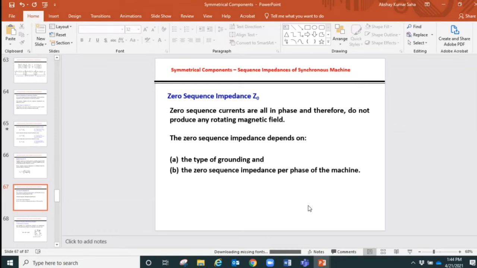But we also need to consider that the impedances appearing from the connecting wire or the transformer can be classified as low impedance or high impedance ground, meaning the impedance might be small, or it might be high enough. So the configuration as well as the magnitude of the impedances are also of importance when we think about the zero sequence impedance of a synchronous machine, which is rotating in nature.